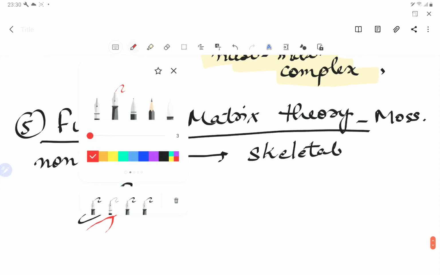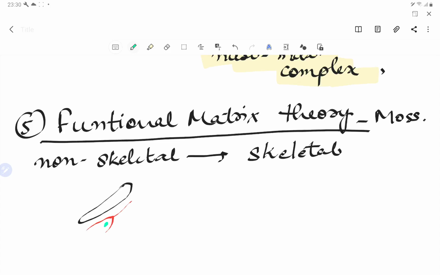And between both of these nerves there is the primary ossification center for the bone. Because according to it, the nerve is responsible for the growth of the bone. So it is according to the functional matrix theory, which states that the non-skeletal tissue or the functional matrices are largely responsible for the growth of the skeletal component, which is the bone, right?